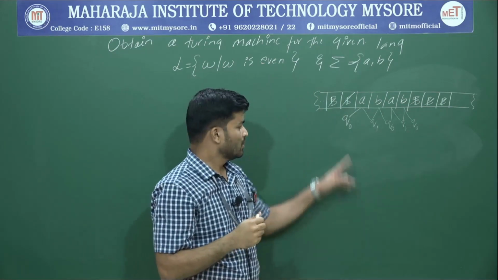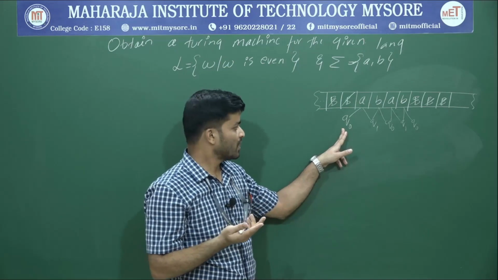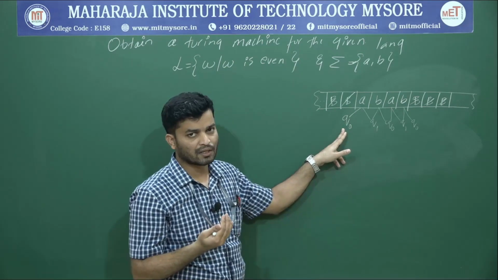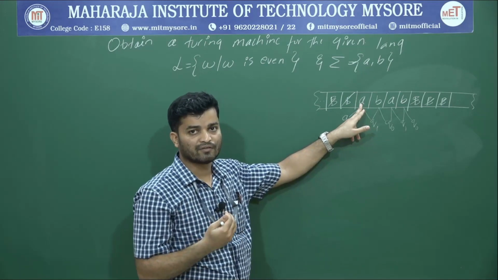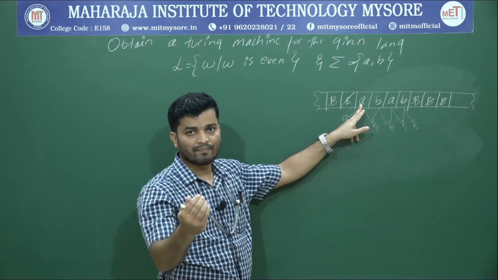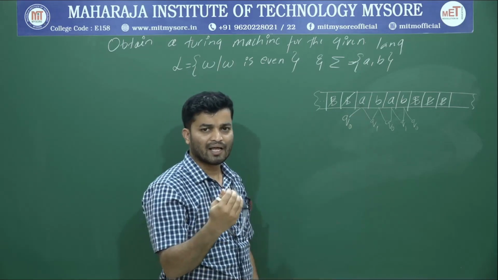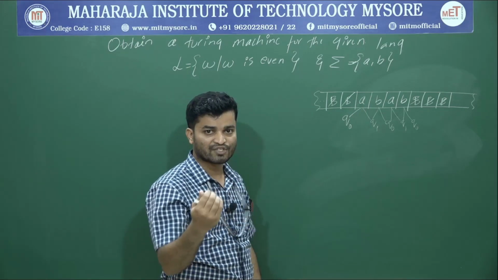Just observe, I am using only two states, Q0 and Q1. I am just reading the input, maintaining it as it is, and moving to the right-hand side. For a regular language we usually move only to the right.